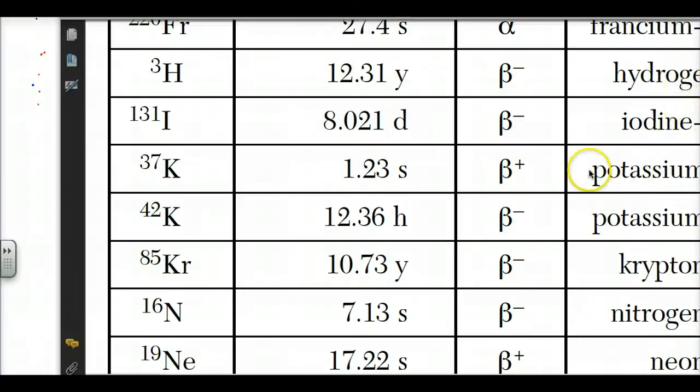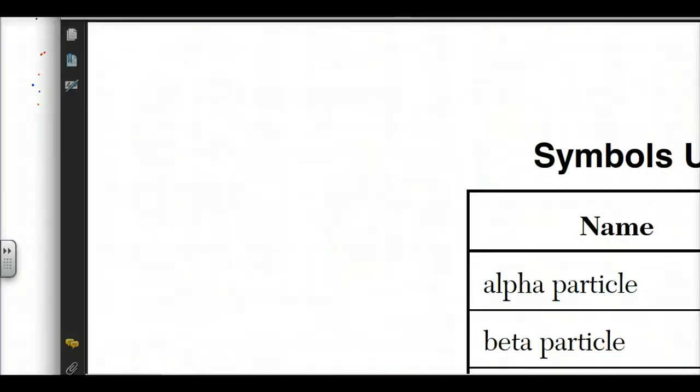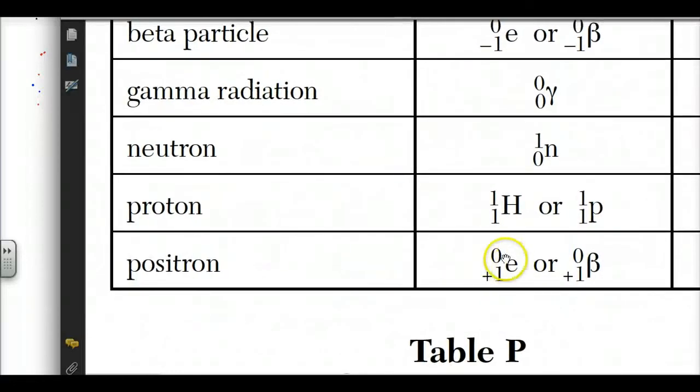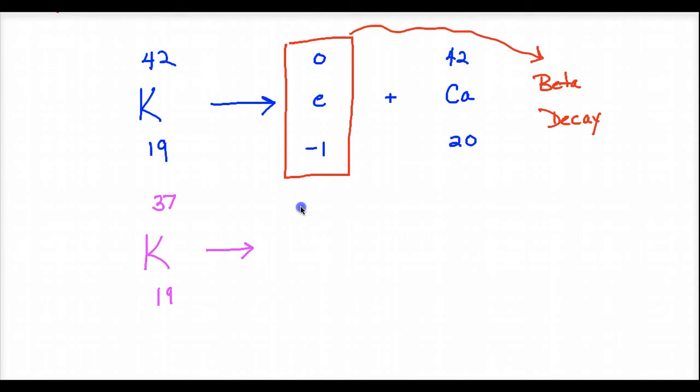So if you do not know, we go to Table O and we find that our positron is a 0, no mass, electron, positive 1. This positron particle, 0, e plus 1, very strange. It's an electron with a positive 1 charge.